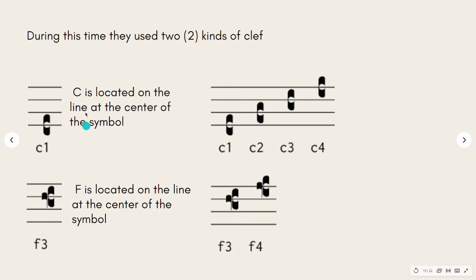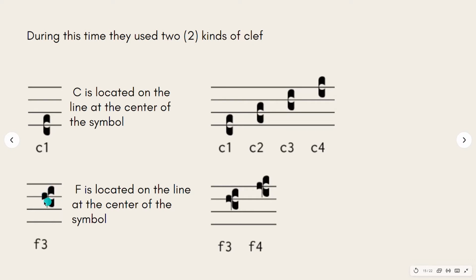Same as with the C clef, we have the F clef. The only difference is the F clef indicates the location of your F. So what is the difference between a C clef and an F clef? The flag that is located at the symbol. If you see a flag there, that is your F clef, and it will indicate the location of your F. Same as with the C clef, it is on the center of the symbol.